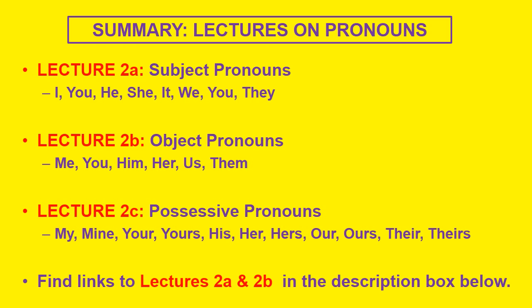Lecture 2B was about the object pronouns, both the direct object pronouns and the indirect object pronouns. So you learned how to say me, you, him, her, us, them. And then in today's lecture, lecture 2C, possessive pronouns, you learned how to say my, mine, yours, and so on.